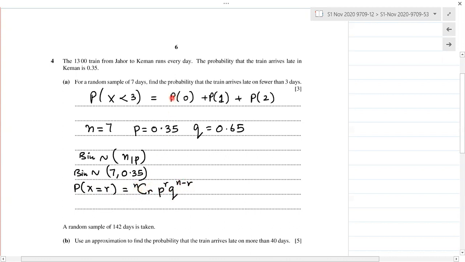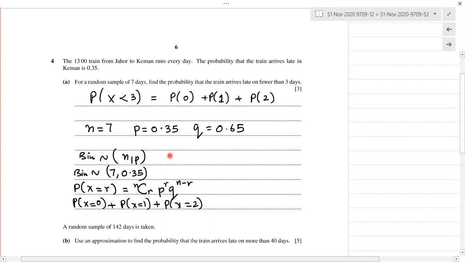In this case, for the first term r is 0, then r is 1, and r is 2. So we will look for the probability when x is equal to 0, plus the probability when x is equal to 1, plus the probability when x is equal to 2. Apply this formula for all three and then we get the answer.